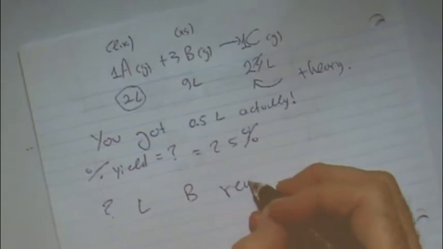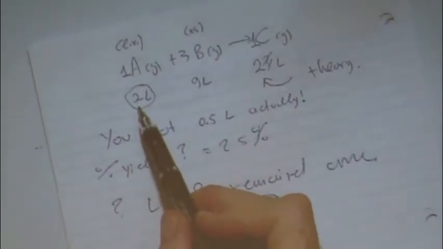How much of B gas, how many liters of B remain unreacted? Some people say 3 liters. You want me to explain it? Well, look, we said that we base our calculations here.